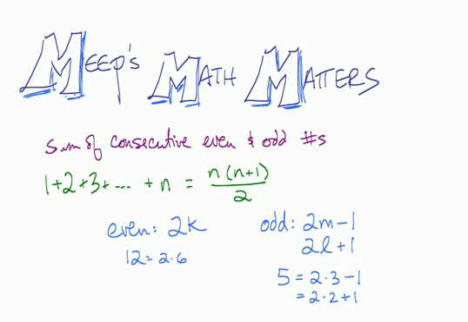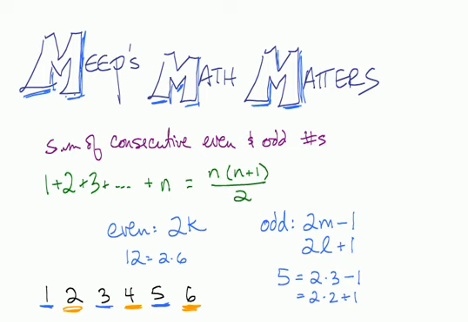Let's look at a number line: you have numbers 1, 2, 3, 4, etc. You notice that the even numbers, which I'm underlining in orange, alternate with the odd numbers, which I'm underlining in blue.